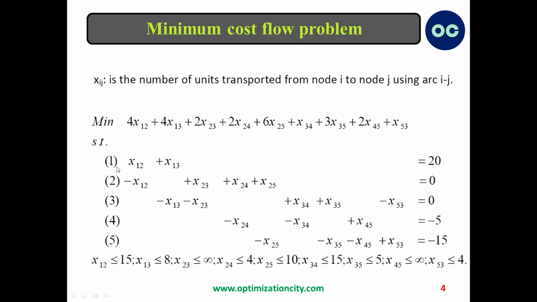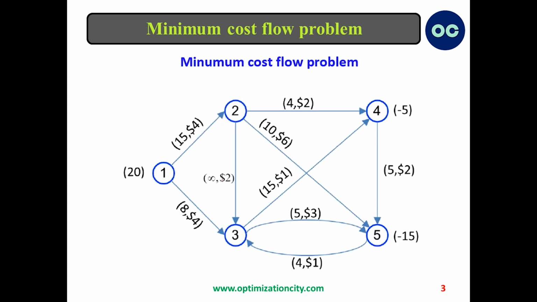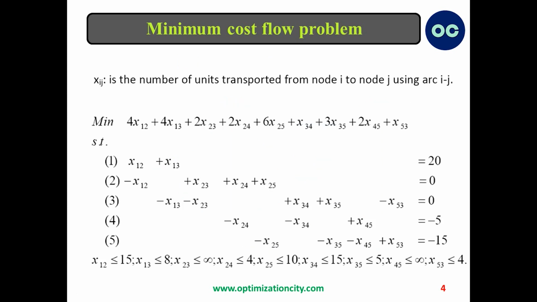The equation states that the combined flow leaving node 1, which is arcs 1,2 and 1,3, as x12 and x13, should be equal to the available supply at node 1, which is 20. This ensures that the outgoing flow matches the available supply.